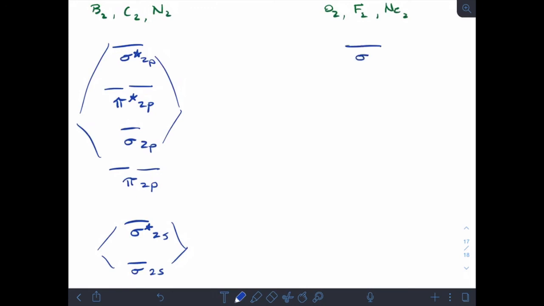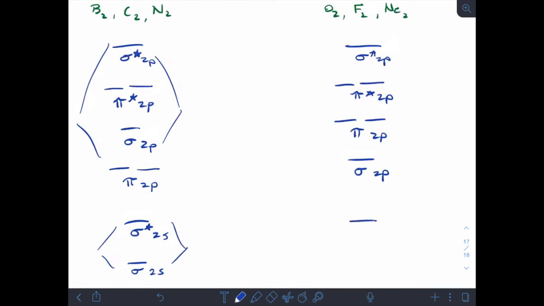So the sigma star 2p is in its normal place, as is the pi star 2p. But here's where it gets different. The next level down is now my bonding pi, followed by my bonding sigma.